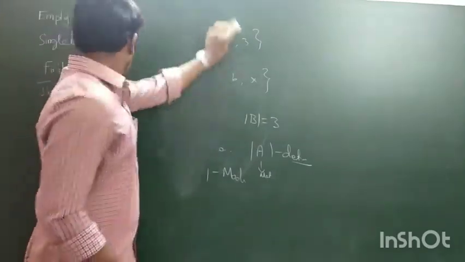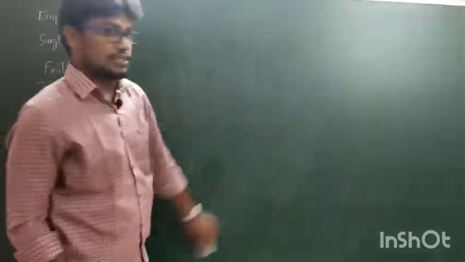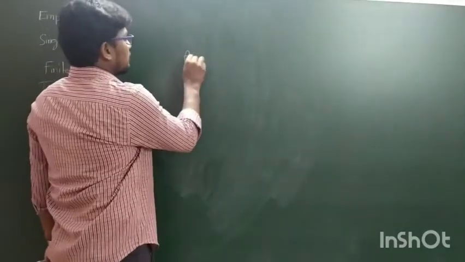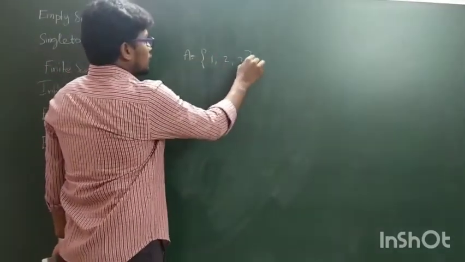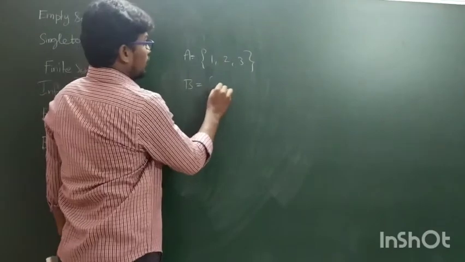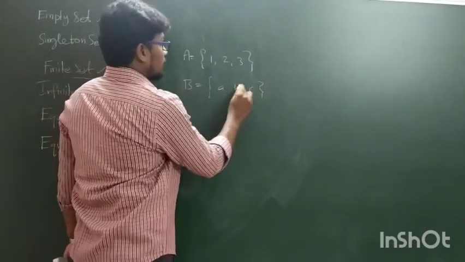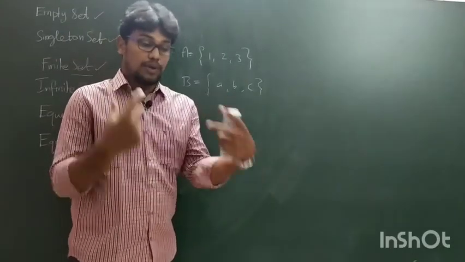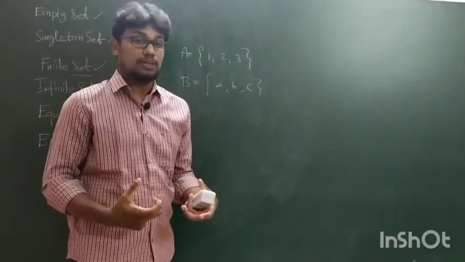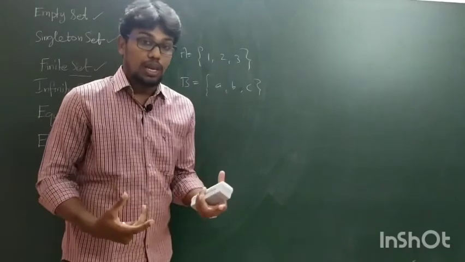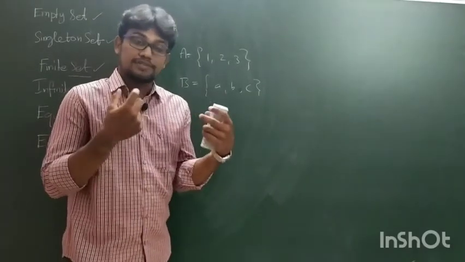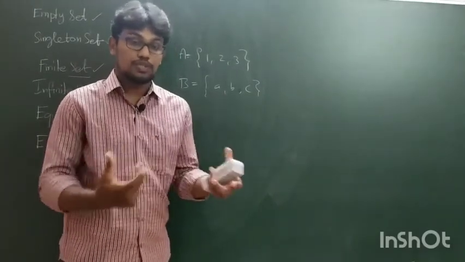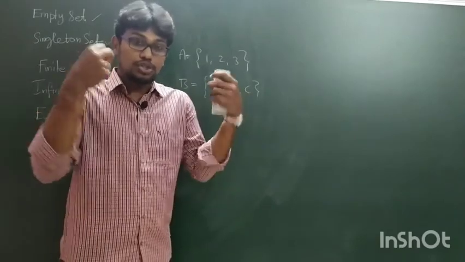So the next thing is what is called equal sets. Take the previous example itself. Students usually confuse equivalent sets and equal sets. Equivalent sets means two sets are said to be equivalent when they have the same number of elements. Two sets are said to be equal when they have the same number of elements, but that is not enough. The elements also should be the same.